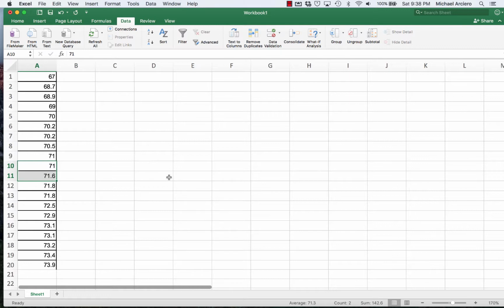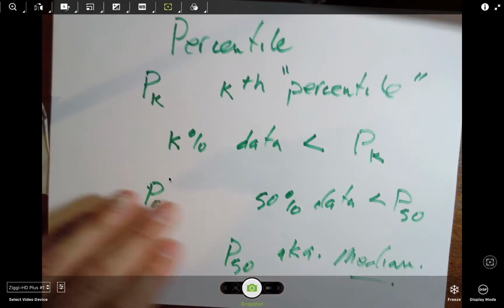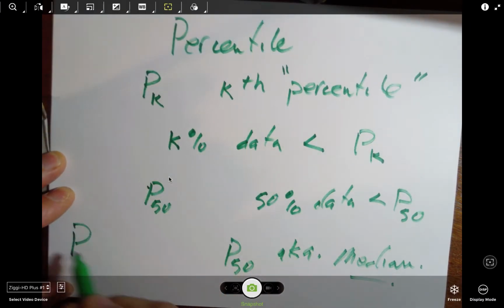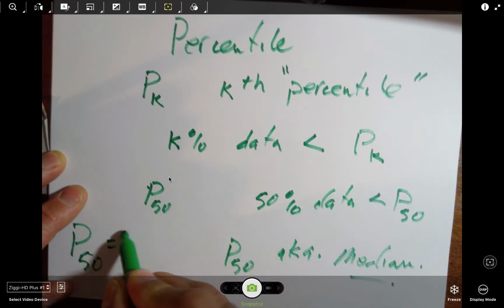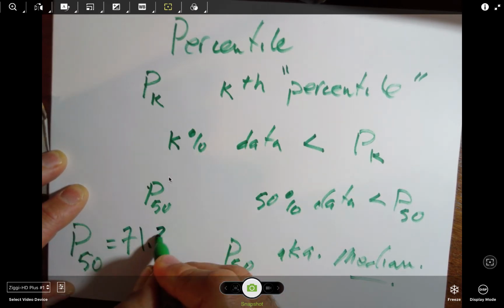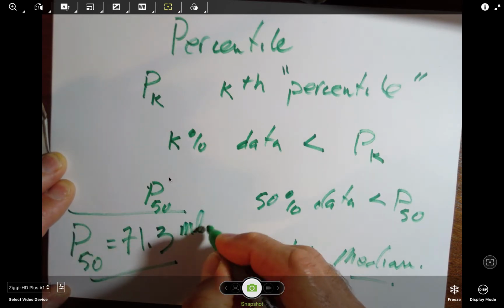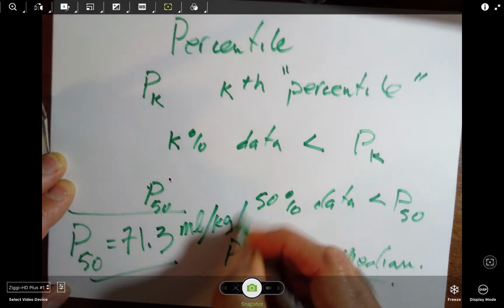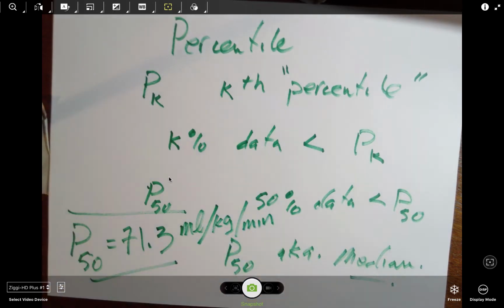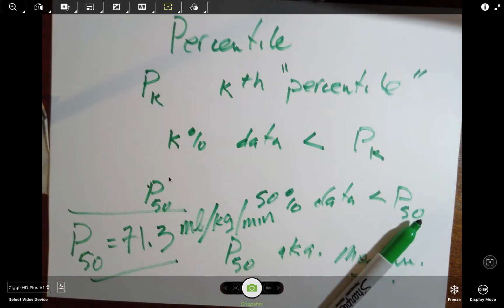So that's the 50th percentile. So P sub 50 here is 71.3 milliliters per kilogram per minute. Okay. Now what happens if we don't have such convenient values?